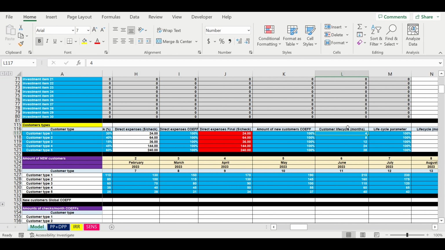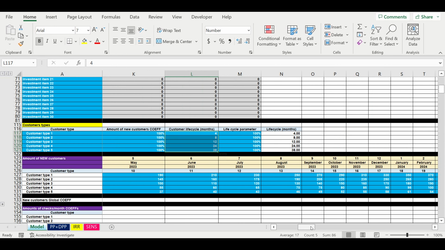You will be able to calculate your revenues more accurately, because maybe you are too optimistic with the revenues you are now thinking of. So you specify how much time each type of customer stays with our project. And we also have the coefficients for these life cycles.